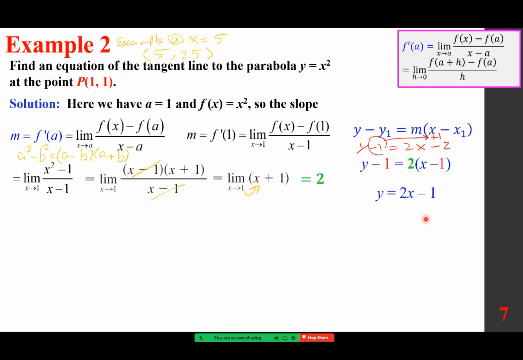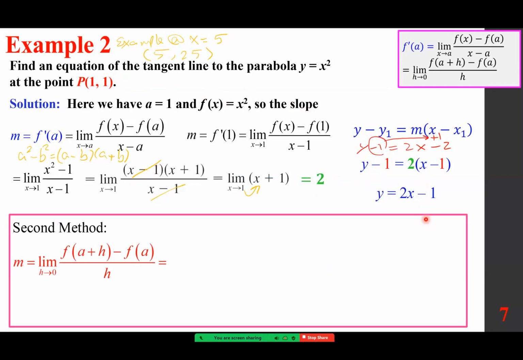Here's the second method. The slope is the limit of f of a plus h minus f of a over h as h approaches 0. So I want to use that one. And obviously, I'm going to replace the a with the x coordinate, which is 1.